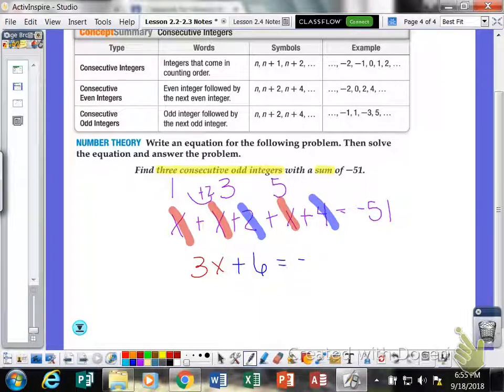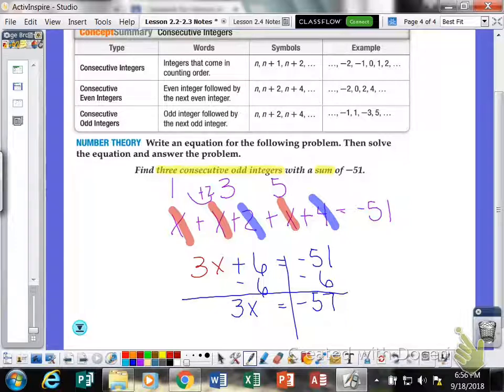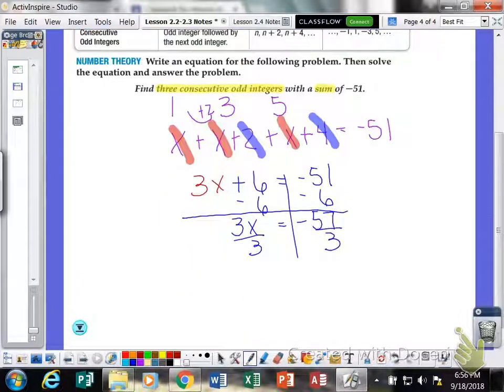And then that is equal to negative 51. So now solve. Subtract 6, subtract 6. I get 3x equals negative 57. I divide by 3. And I get x equals negative 19. Okay, so that's x.